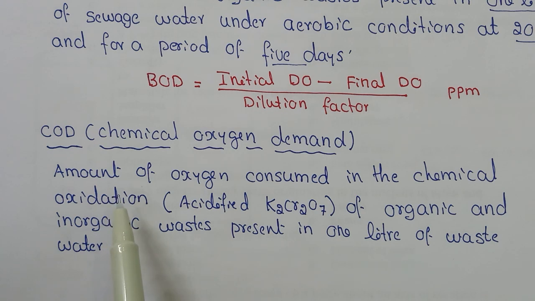It is defined as the amount of oxygen consumed in the chemical oxidation of organic and inorganic waste present in 1 liter of wastewater, using the oxidizing agent potassium dichromate in acid medium.